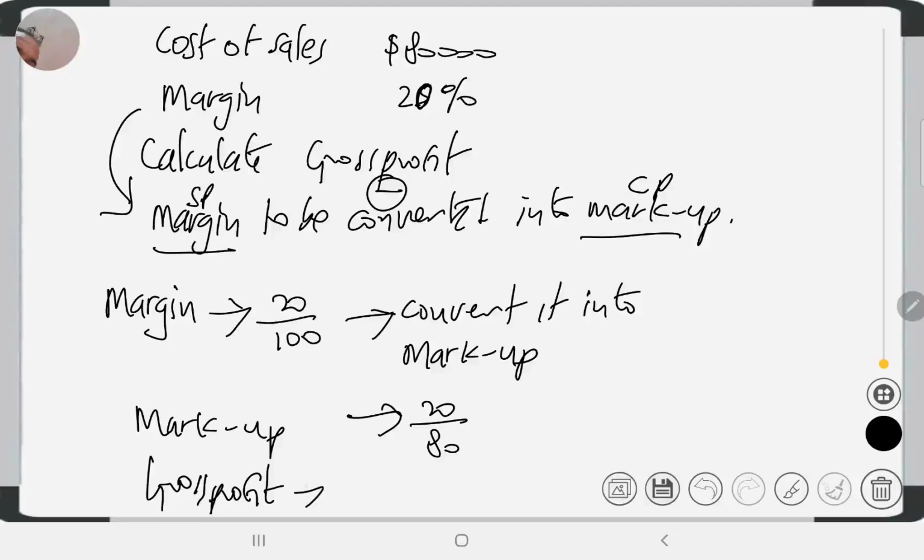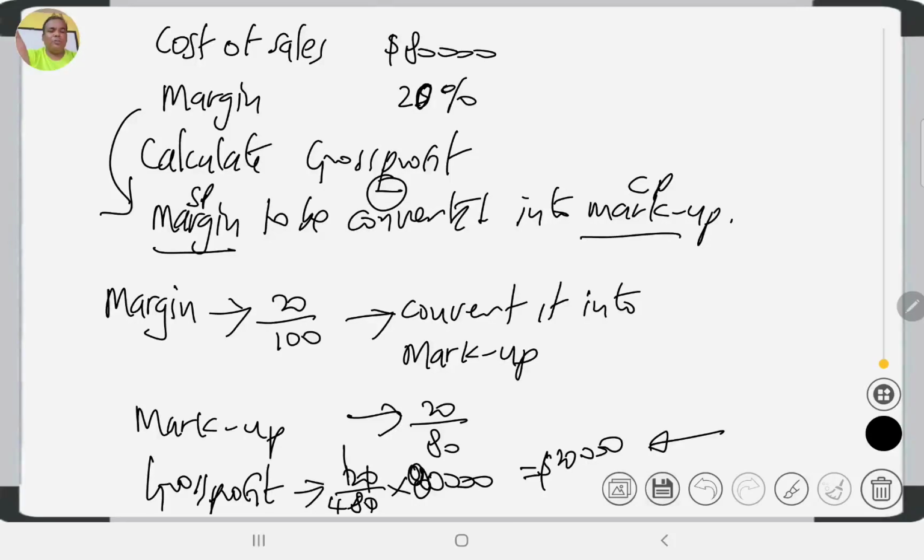Gross profit is equal to 20/80 times $80,000. So this will give us $20,000. So far we have covered the conversion of markup into margin and margin into markup.